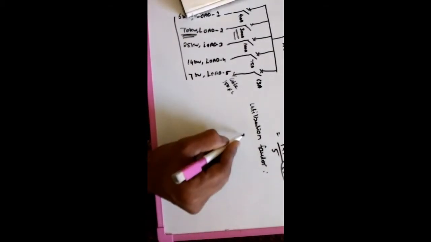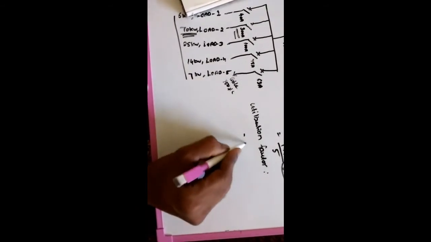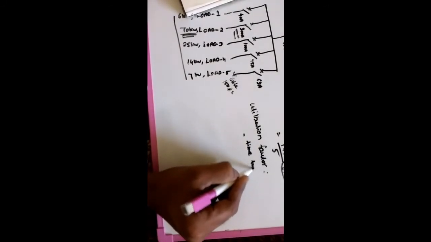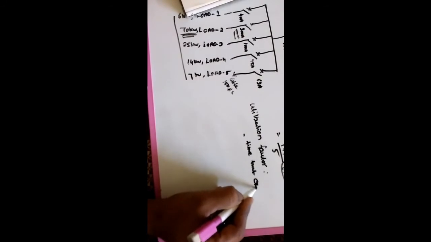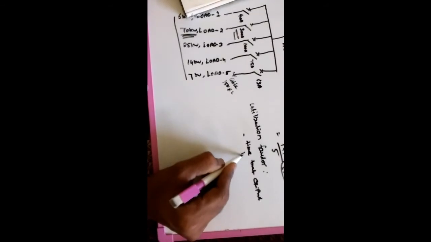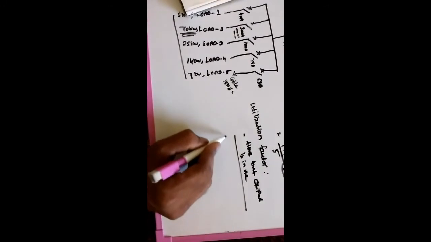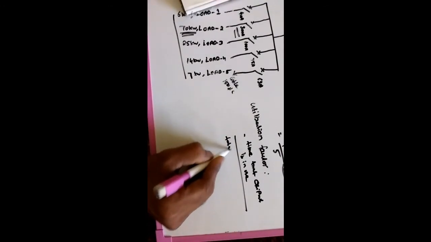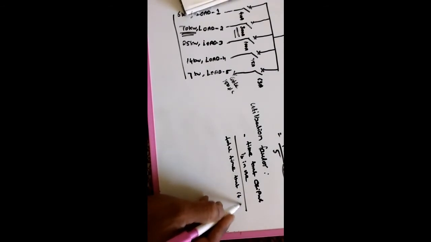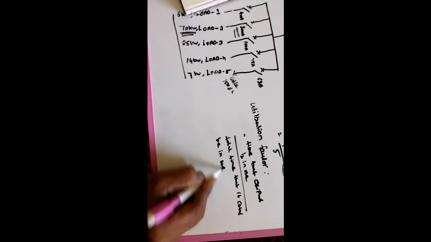Utilization factor means the time that equipment is in use divided by the total time that it could be in use.